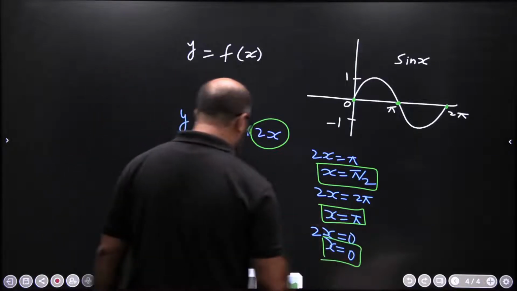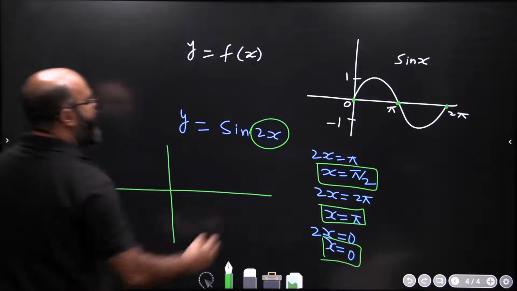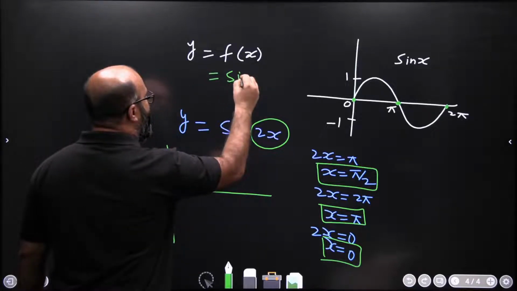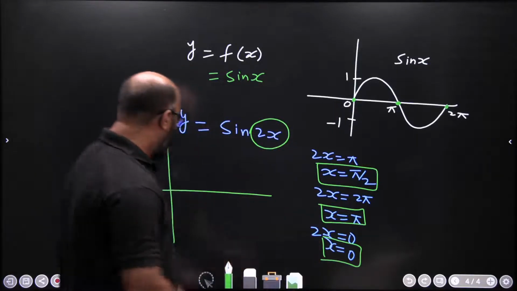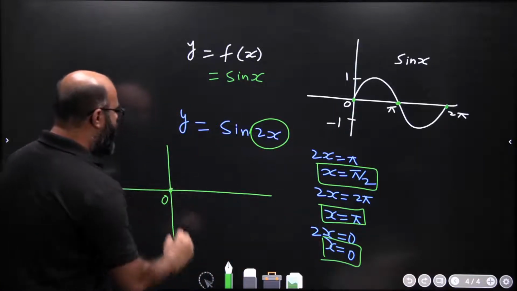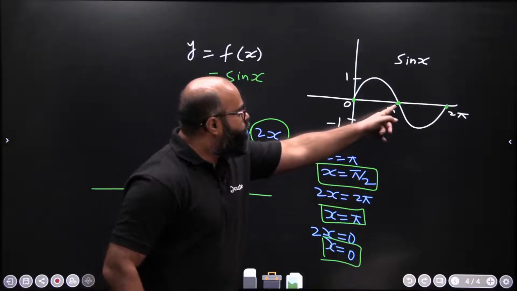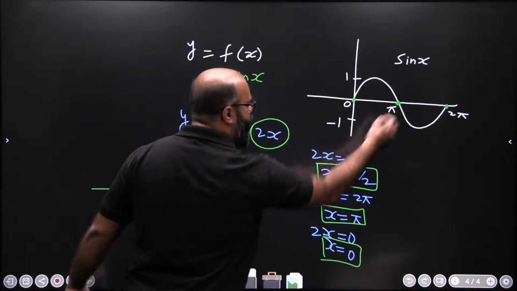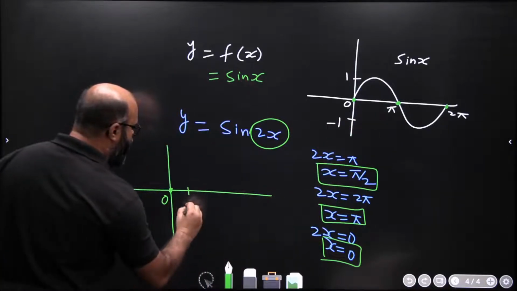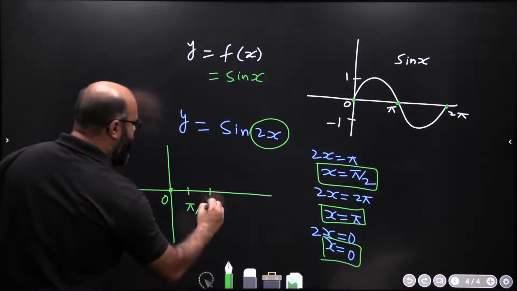So the transformed graph would be something like this, of sine 2x. Here is the graph of sine x. Now we are drawing the graph of sine 2x. The 0 is 0 as it is, and when x is equal to pi by 2, this pi will become pi by 2 here, because when 2x is equal to pi, x is equal to pi by 2. And then 2 pi will become pi like this.